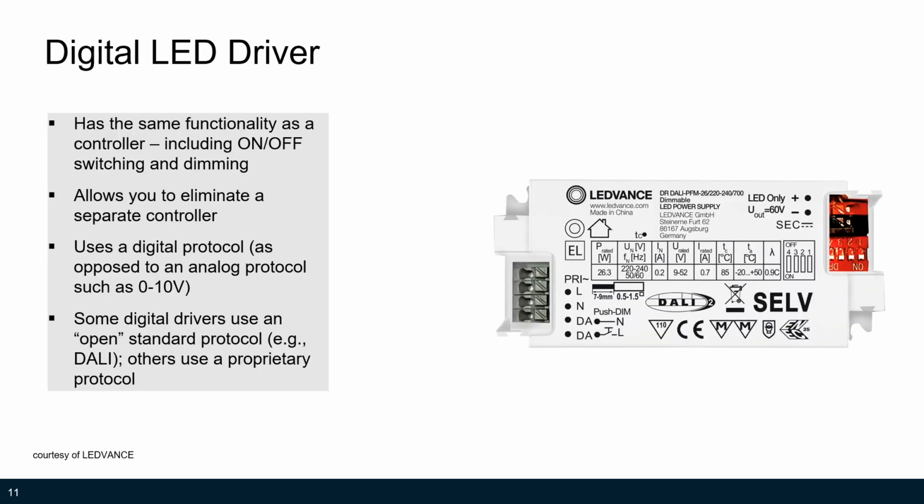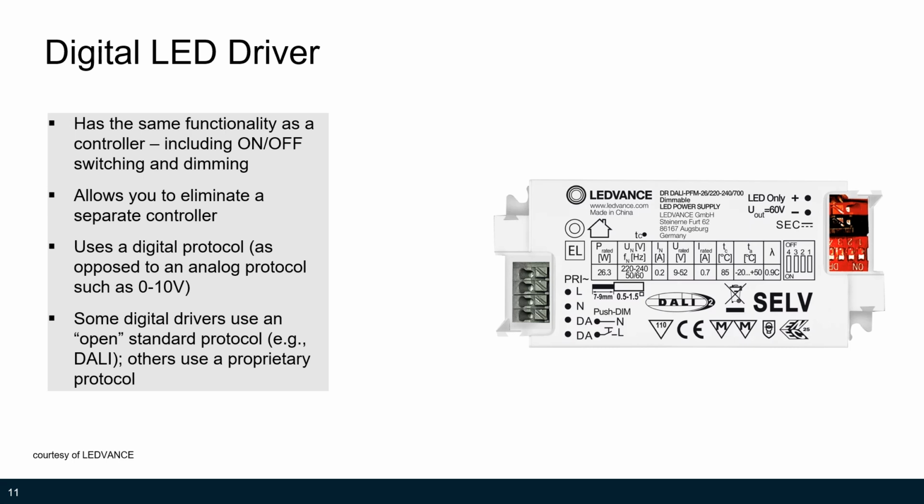So there are digital LED drivers available, and digital LED drivers contain an integral on-off switching function. Because they have the on-off switching function, you can actually eliminate the need to have a separate controller and possibly reduce the cost and complexity of the installation. So these devices use digital language in the network.